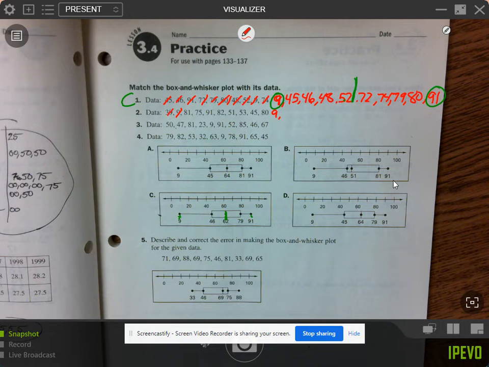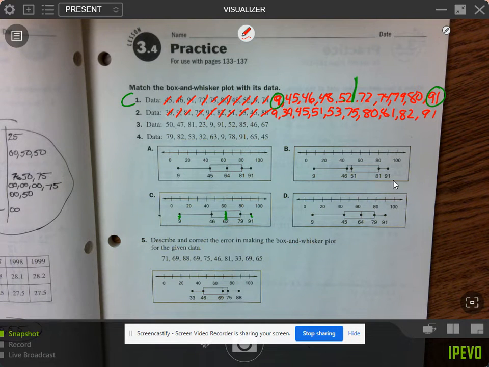And then we have 39, 45, 51, 53, 75, 80, 81, 82, and 91. So we have the same lower extreme and upper extreme.